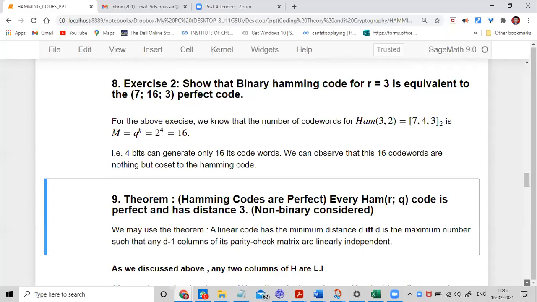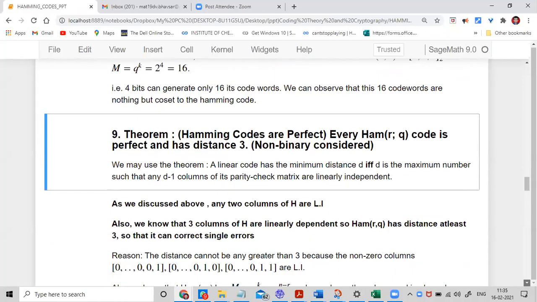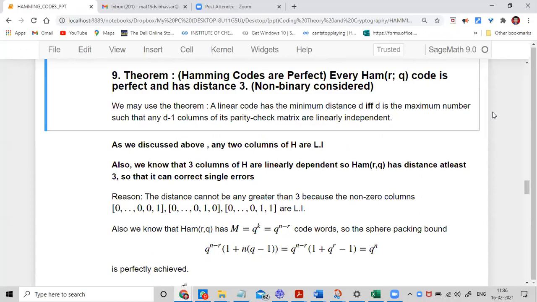So t equal to 1. What do you do next? You will construct balls, right? Spheres. T is 1, so the sphere of radius 1, which will cover the entire space.